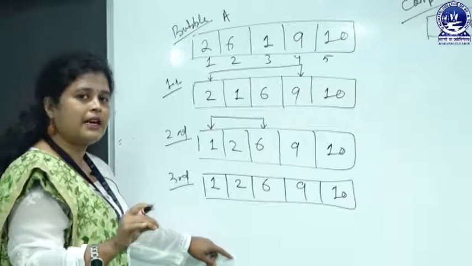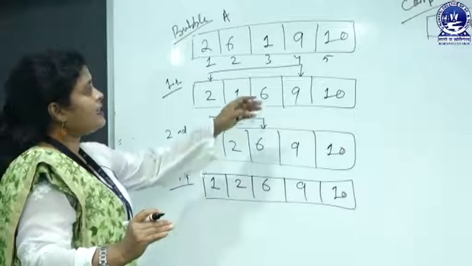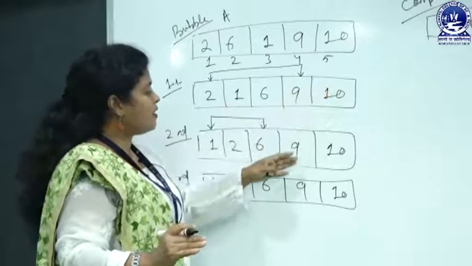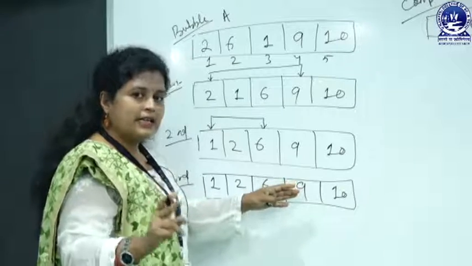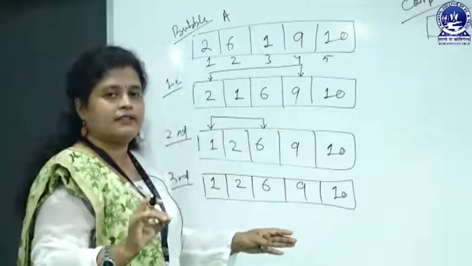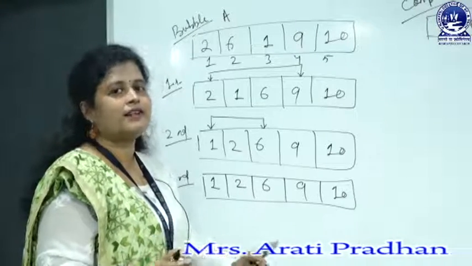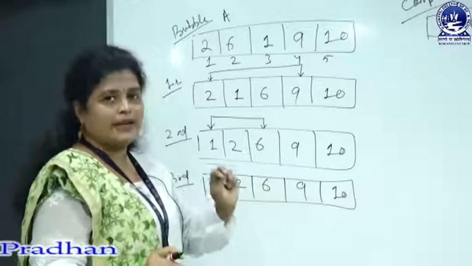What is the advantage? The first advantage is that at each step bubble sort is decreasing one element. The second advantage is that if at any iteration there is no requirement of swapping, it means that the list is already sorted, which is not possible in case of comparison sort.